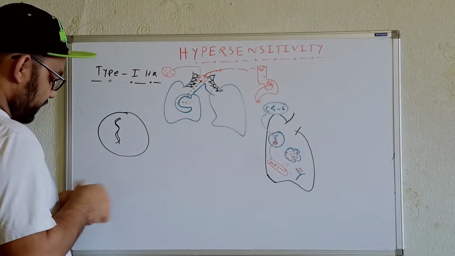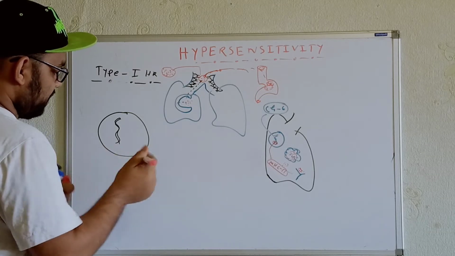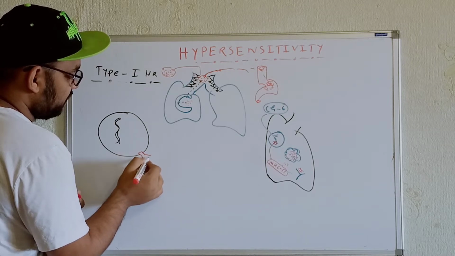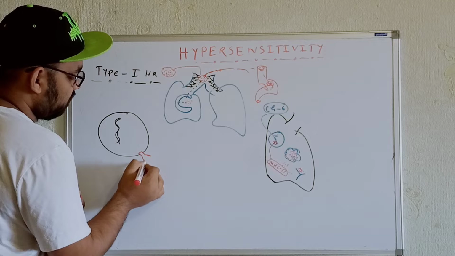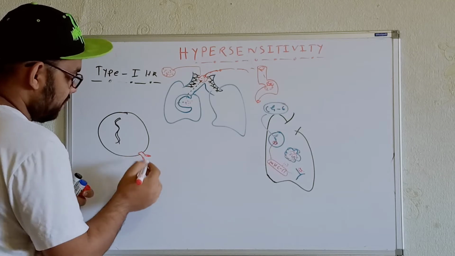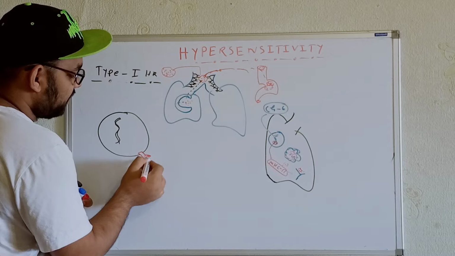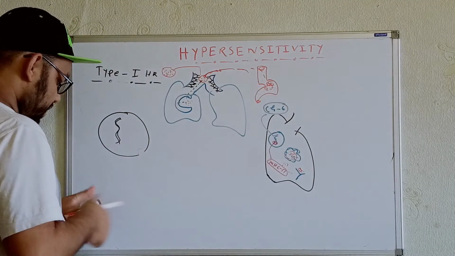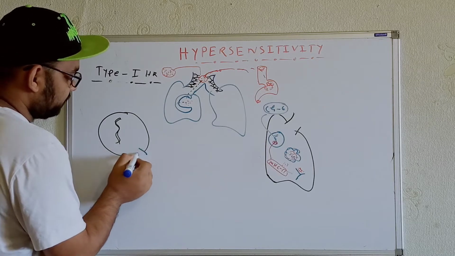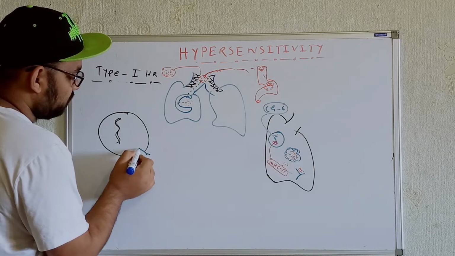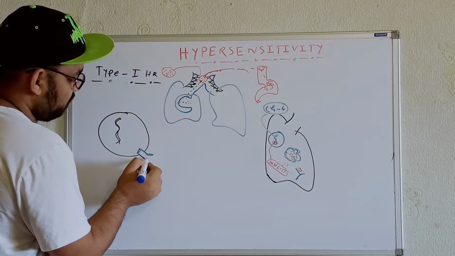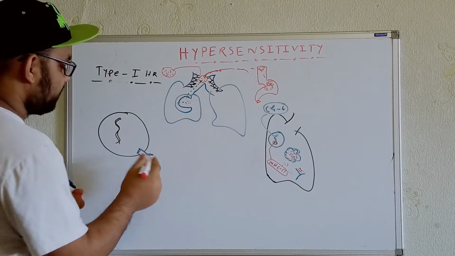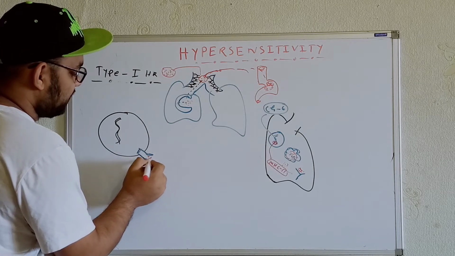Now in these cases we have seen that the MHC class 2 molecules have represented the, let me show you in a different color, it will be easier to understand, the class 2 molecule. Now see, in these cases the pollen grains are presented by these MHC class 2 molecules.